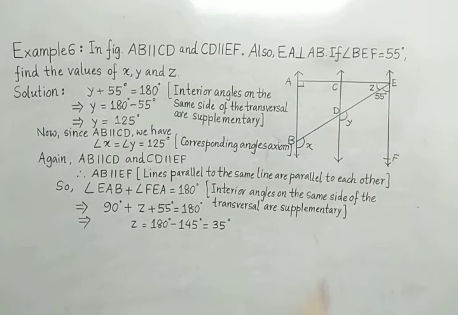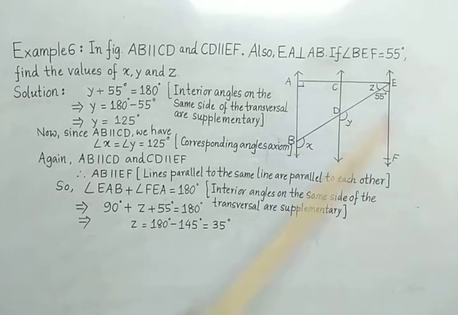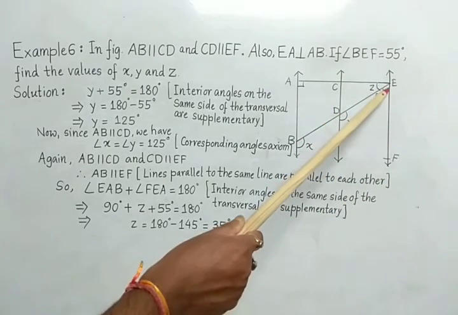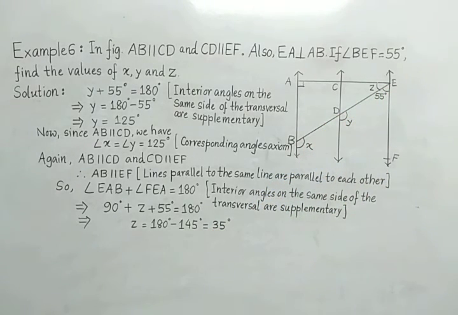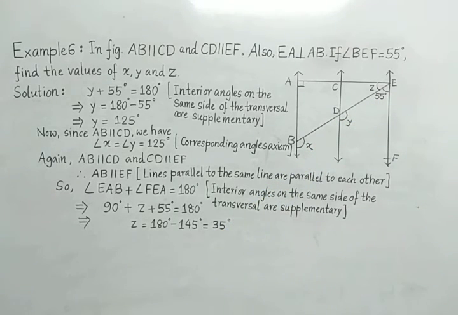Now, if you see carefully in the figure, angle y and 55 degrees will be equal to 180 degrees. Why? Let me give you the reason. As it is given that CD is parallel to EF and DE is the transversal, this angle y and this 55 degrees are on the same side of the transversal.